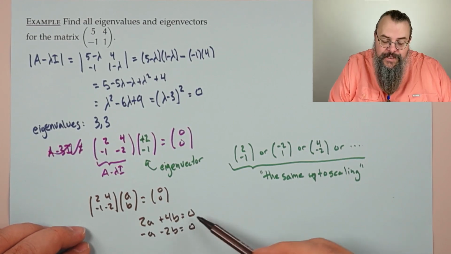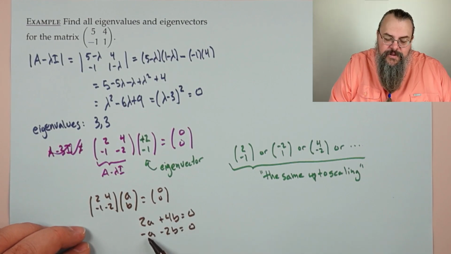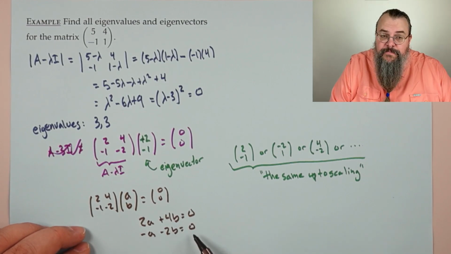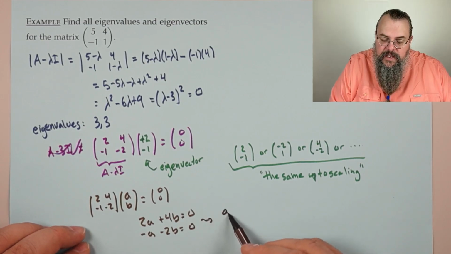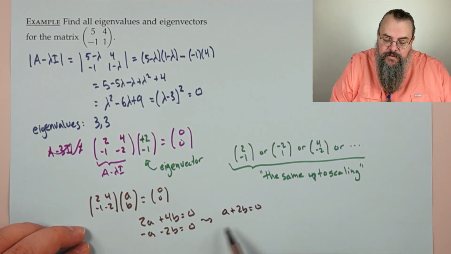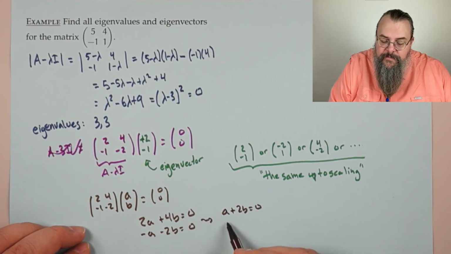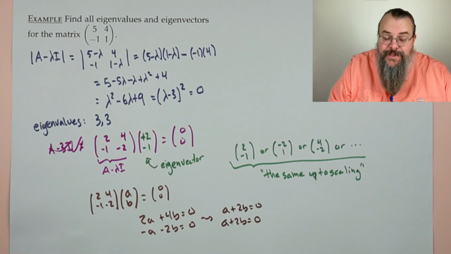Now, what do you notice about these two equations? If I divide the top one by 2, this would say a plus 2b equals 0. Multiply the bottom by a negative, a plus 2b equals 0. We really don't have two equations. We really have one equation.